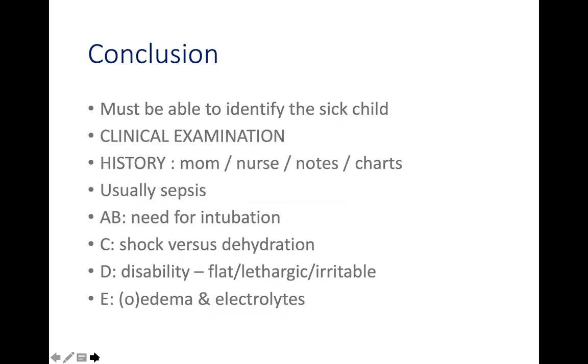The history is useful. Ask the mom, what's been happening today with the kid? Get collateral from the nurses, read the notes, look at the charts. It's the whole picture that you have to paint together.